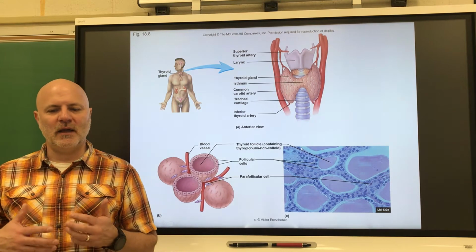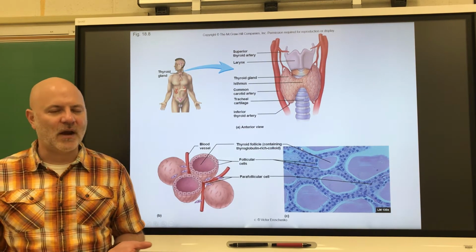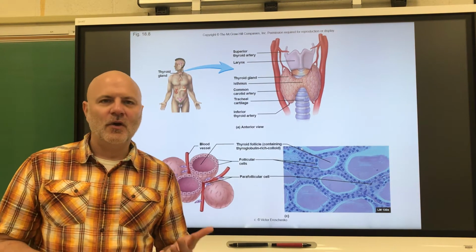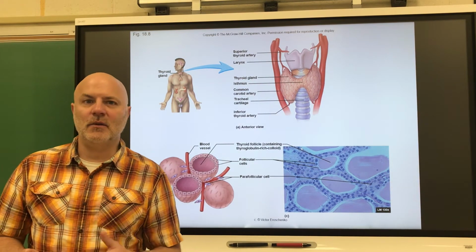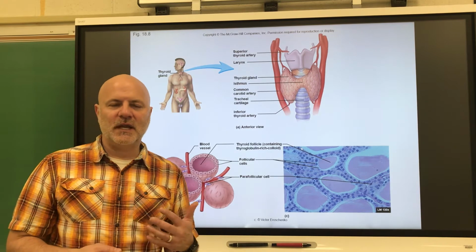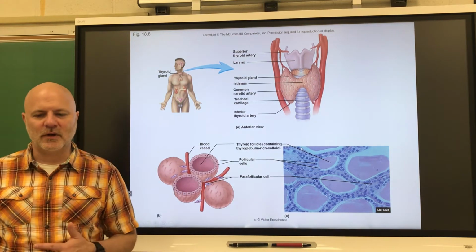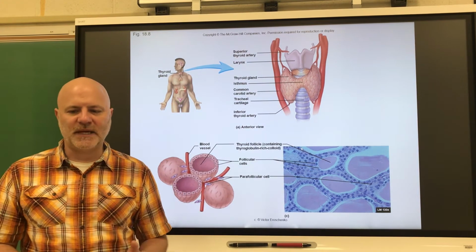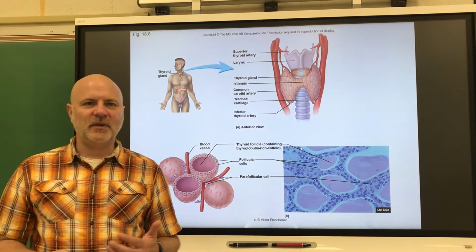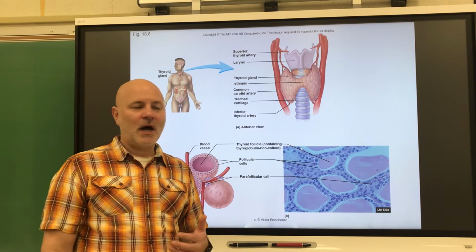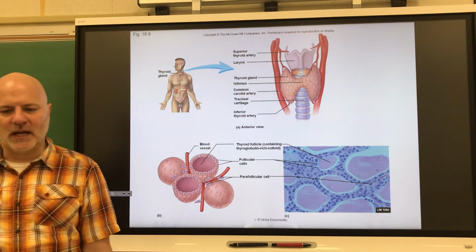So if thyroid hormone increases in cold weather, we can produce what is known as non-shivering thermogenesis. So producing heat without shivering. So it's going to increase our heart rate, our respiratory rate. It's going to stimulate our appetite. It's going to promote alertness and bone growth. And it stimulates growth hormone secretion. And as I said earlier, it's stored in the colloid.